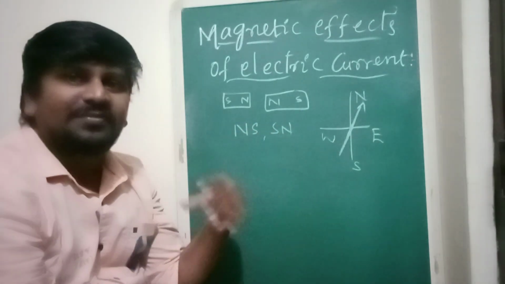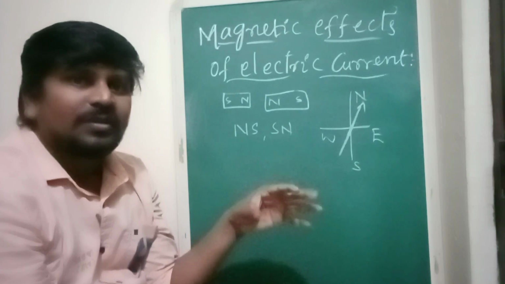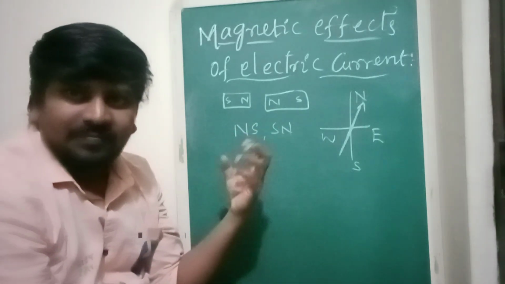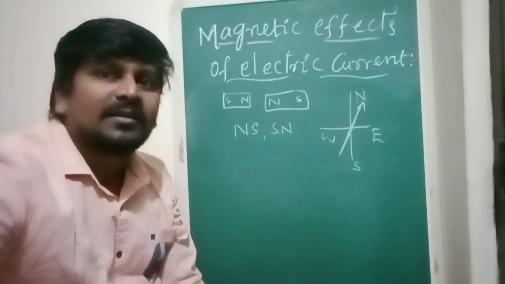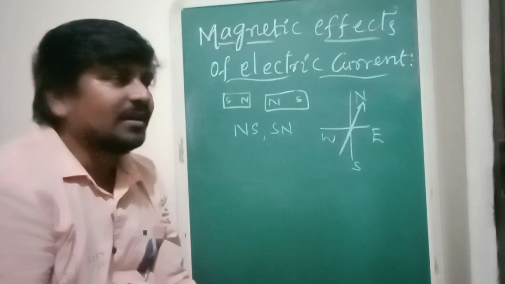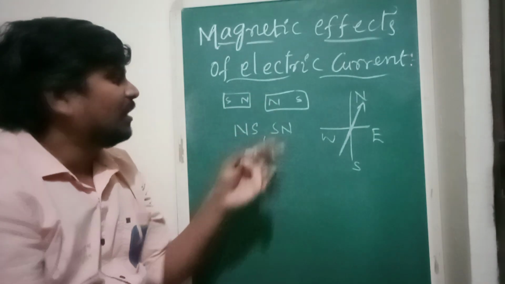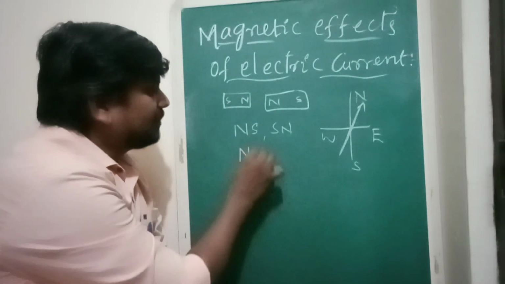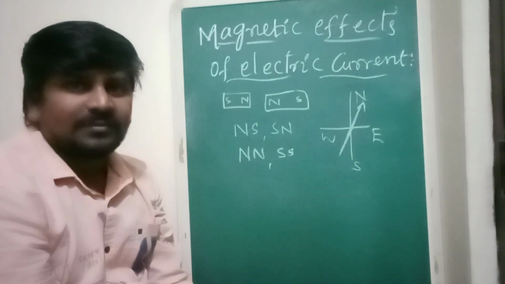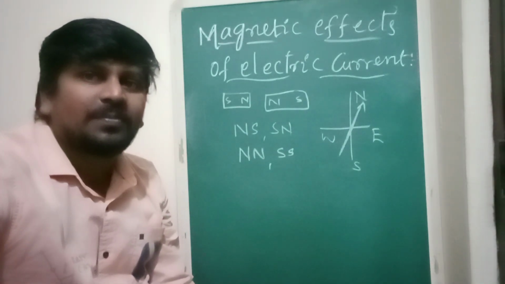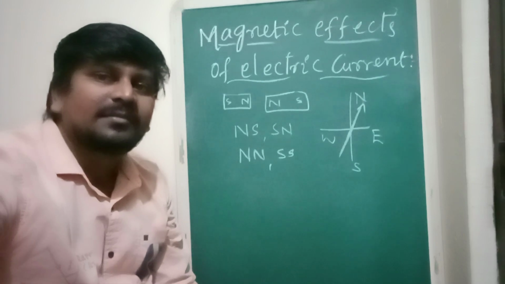So these two are different poles, and both will attract each other. Clear? The north poles repel each other, and the south poles will repel each other. So this is about the properties of the magnet.